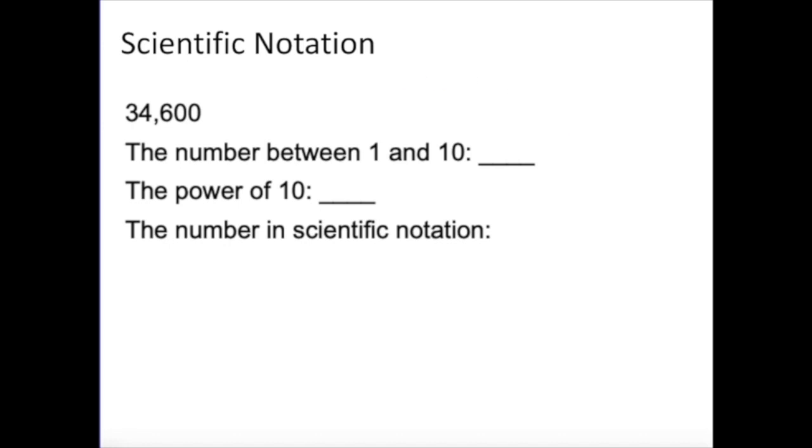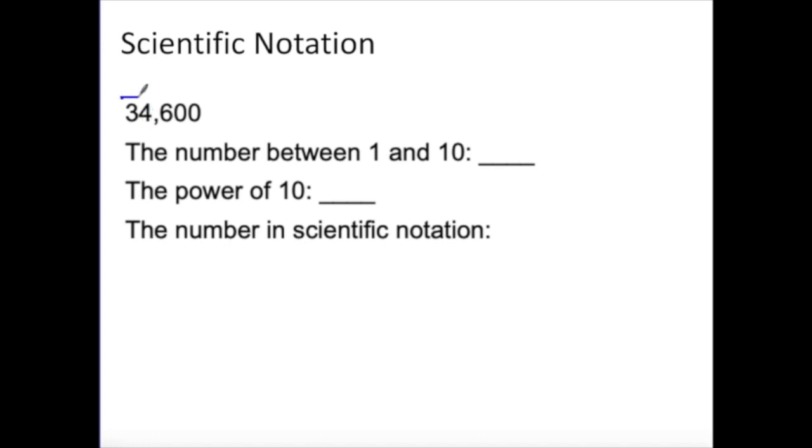So the first step in finding the scientific notation is going to be to find the number that is between 1 and 10. Remember, our definition said that it had to be the product of a number greater than 1 but less than 10. So if I'm going to look at this number right here, 34,600, I need to think about what number would be less than 10?